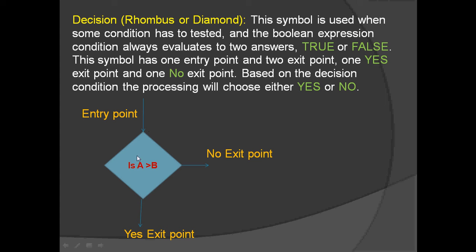After that, the comparison will be done. If it is found to be true, if A is greater than B, then it will go to this yes exit point and it will process whatever is written here. And if it is found to be false, it will go to the no part, and it may be an else option. If yes, else, like that.